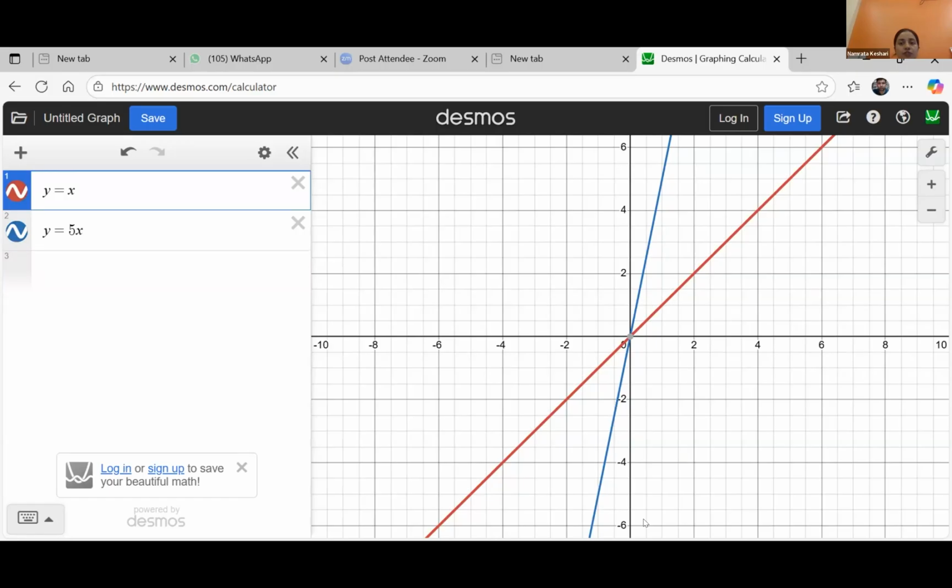So let's find the slope of the red color line by using 4 comma 4 and 0 comma 0, that means the origin. You can find the slope using any two points on this line, because our red line is passes through the origin. Okay, find the slope.